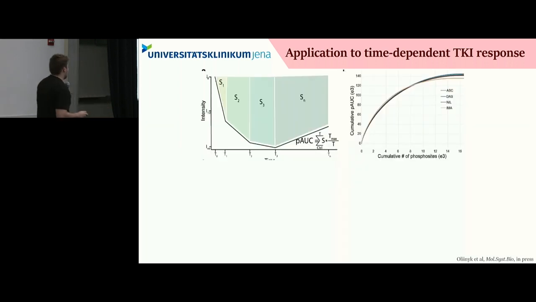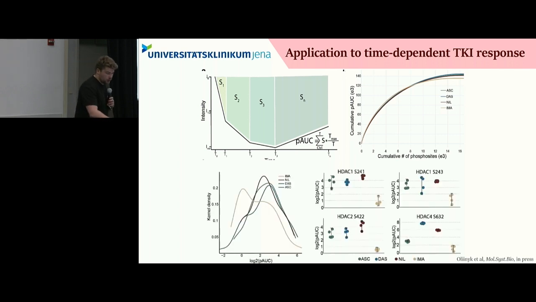And by performing area-under-the-curve-like analysis for the time courses for each drug, we were able to identify very intricate, very small differences between the drugs with generally very similar mechanism of action, including some differences in the phosphorylation levels of different histone deacetylases, and we're currently continuing to work on these experiments further.